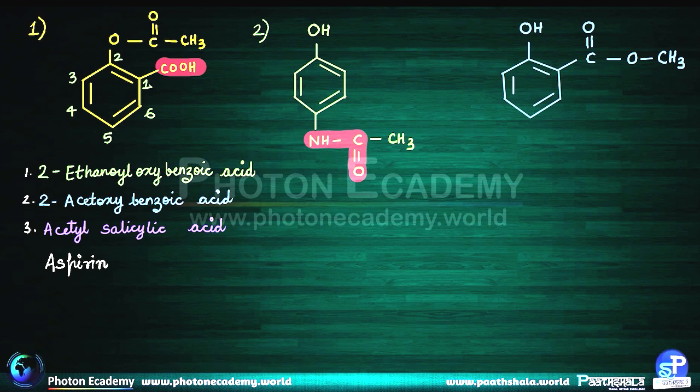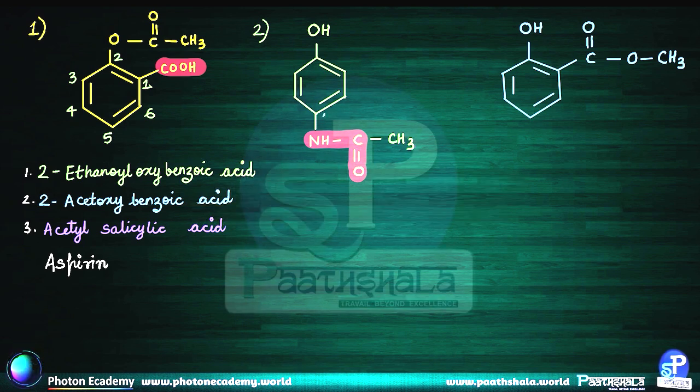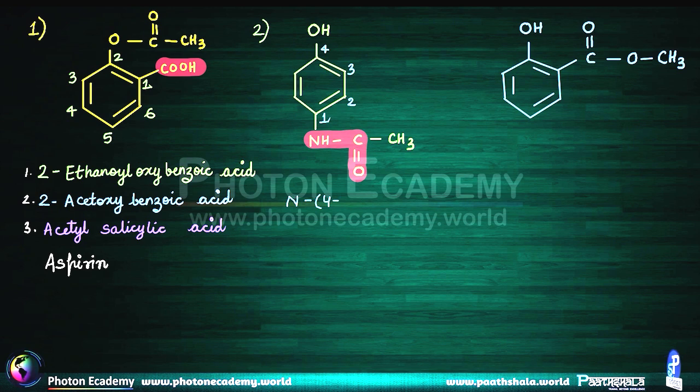And now, the name of this compound: we start the numbering 1, 2, 3, and 4. So this whole benzene is attached to this NH, and here the name of this compound now becomes N. So at N we have 4-hydroxy connected.